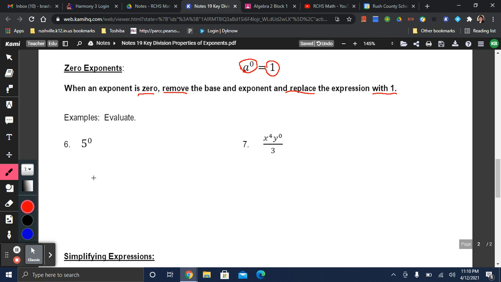So 5 to the 0 power is 1. Now, if there are other parts to your expression, they stay. So you would have x to the fourth in the numerator, 3 in the denominator, but your y to the 0 would become a 1. And x to the fourth times 1 is just x to the fourth. And then the denominator 3.